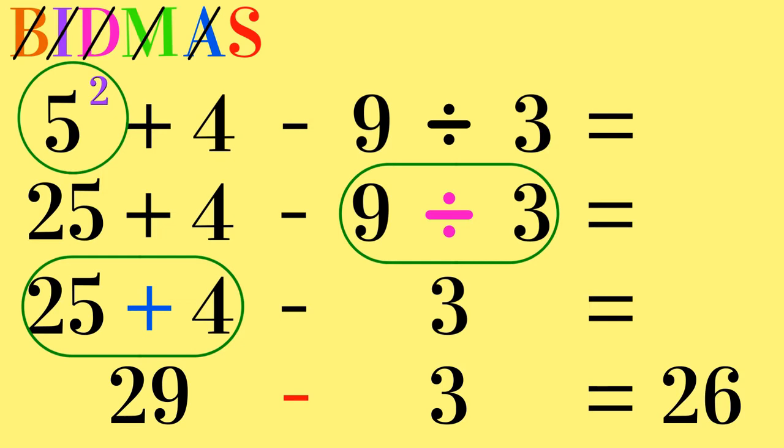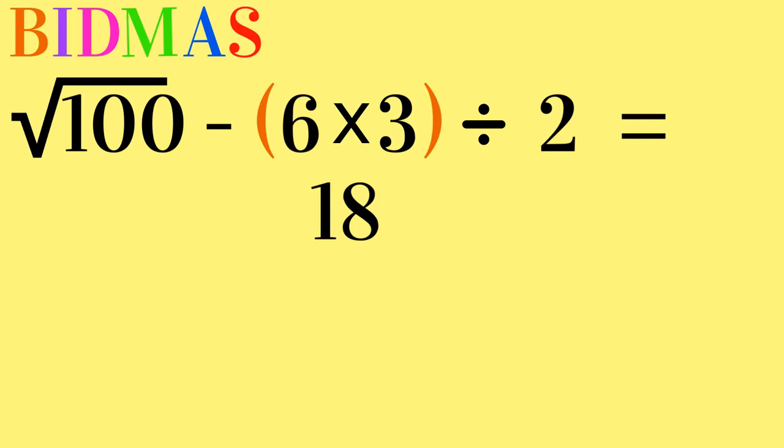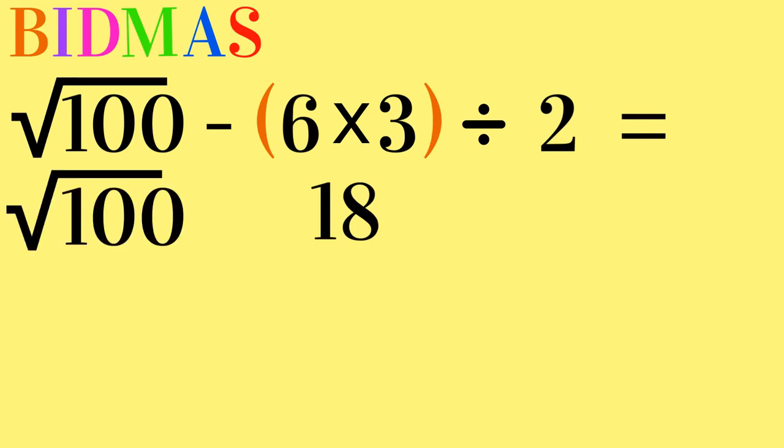Here is another example. The square root of 100 subtract, open brackets, 6 multiplied by 3, close brackets, divided by 2. In this example, we can see there are brackets, so according to the BIDMAS order, we will complete what is inside those first. 6 multiplied by 3 is 18, so that gives us the square root of 100 subtract 18 divided by 2.